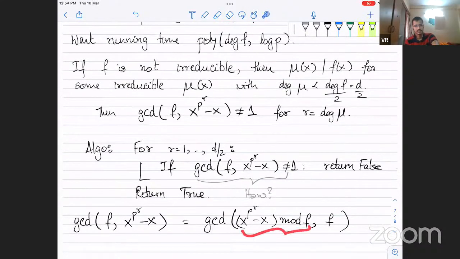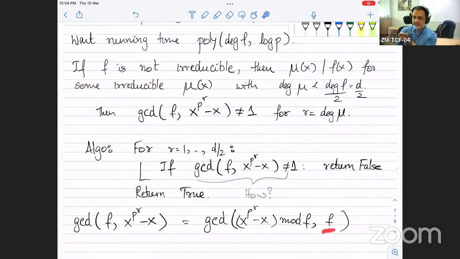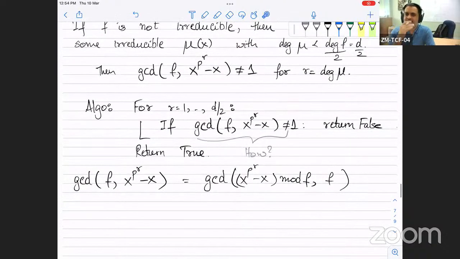Now what's the degree of this guy? It's at most d, where d was the degree of f. So if I can get here, then I can run the GCD algorithm that we had earlier. So what I want to do is compute this guy. The problem completely boils down to, can I do one step of the GCD algorithm without doing the usual mod business? Can I somehow do something clever?